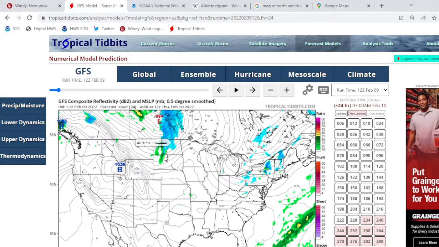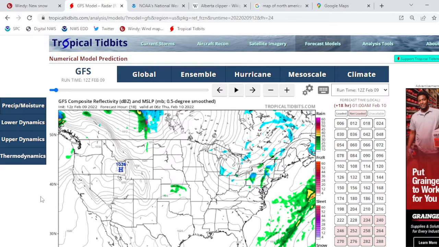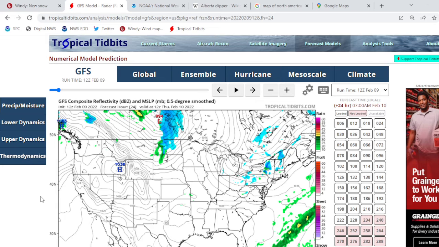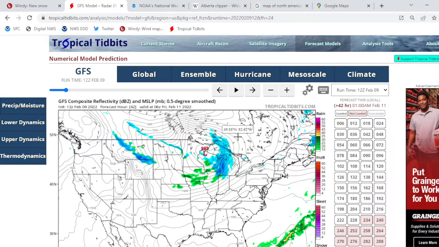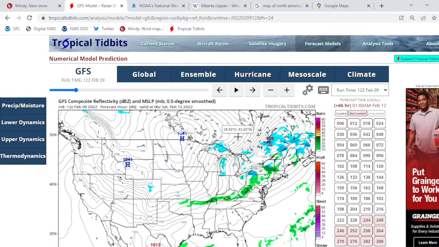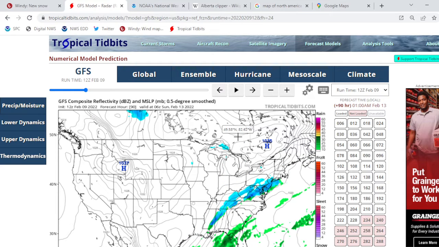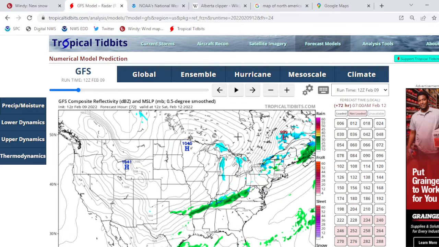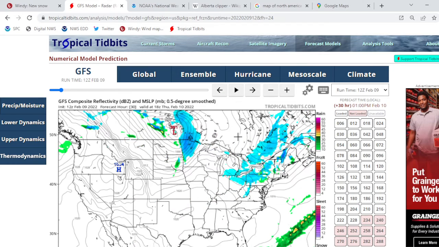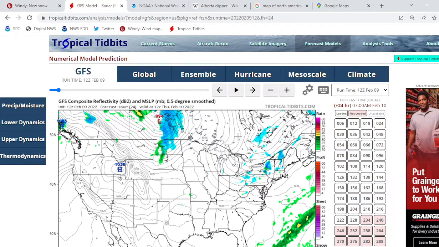If I go over to Tropical Tidbits, let's see how this goes. You can see the system here as it comes down and then heads off to the east. So it's rather quick moving. So here it is.